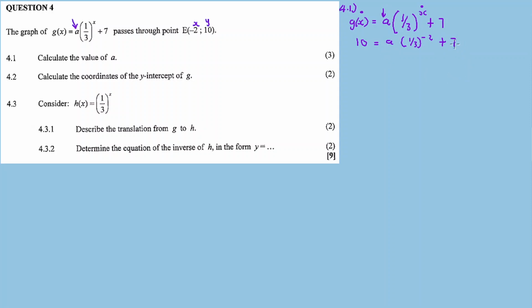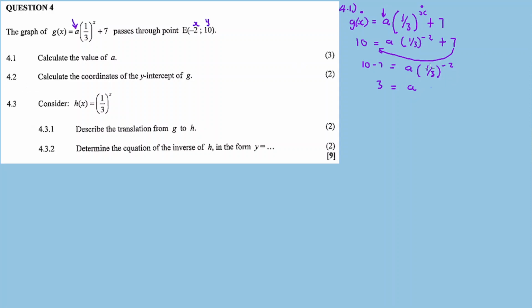Now let's continue. You transpose this 7 to the left hand side as minus 7, so it's going to be 10 minus 7 equal to a 1 over 3 raised to exponent minus 2. So 10 minus 7, it's 3 equal to a times 1 over 3 raised to exponent minus 2.